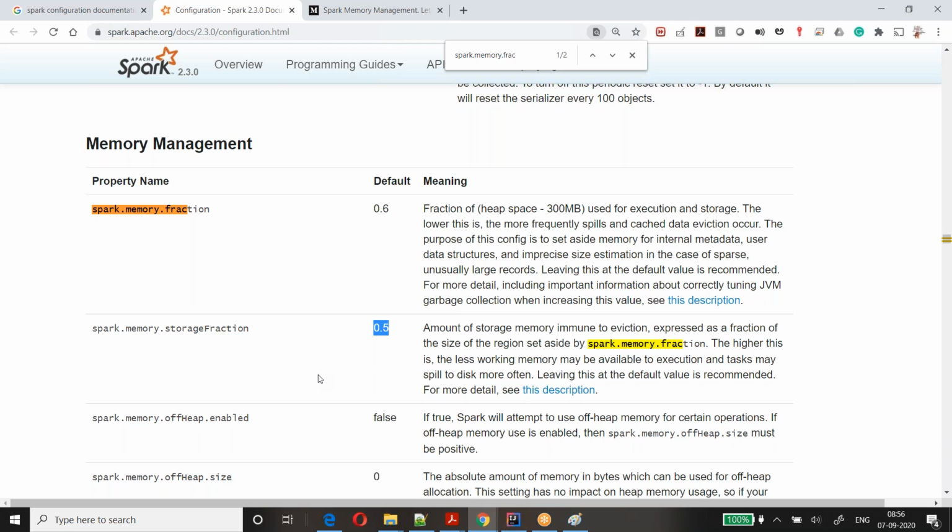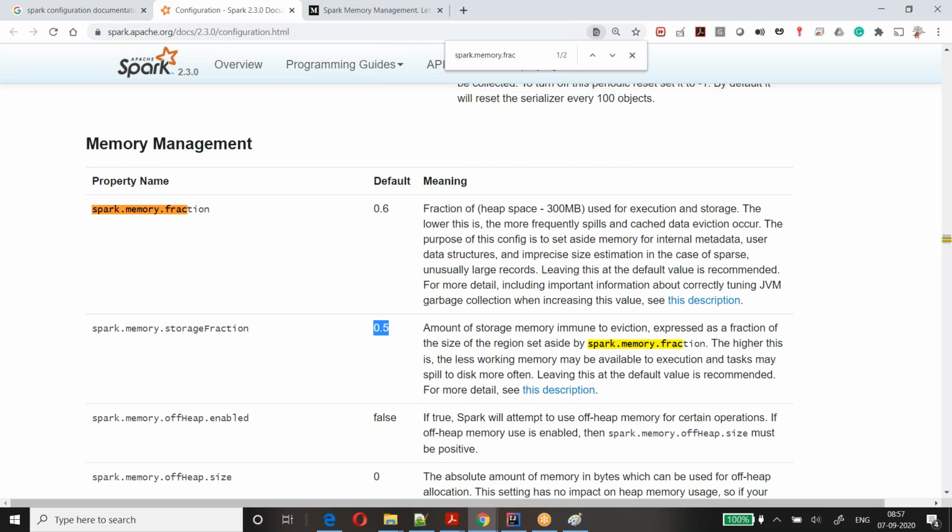When I say dynamic allocation, again, people will get confused. Internally, the execution and storage dynamically share their memory. Let's assume that my execution memory requires more, but memory space is available, then it will take it. Even if space is not available, your storage memory will evict, it will spill some amount.